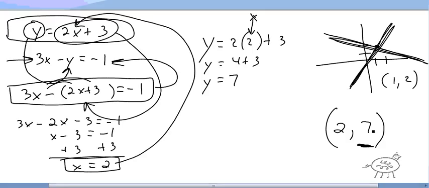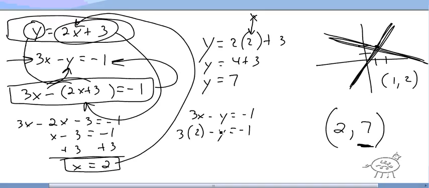Now some of you might say, can't I plug it into either equation? You're right, you can. I could have plugged it back into the second equation too. So I could have plugged it back into 3x minus y equals -1 and found the value of y. Let's just do that. 3 times 2 minus y equals -1. Here's your x, it's 2.